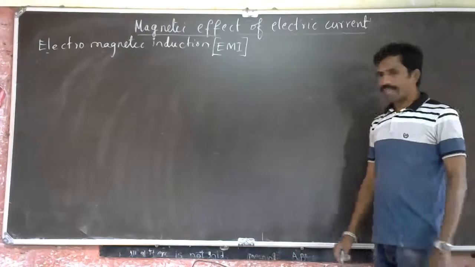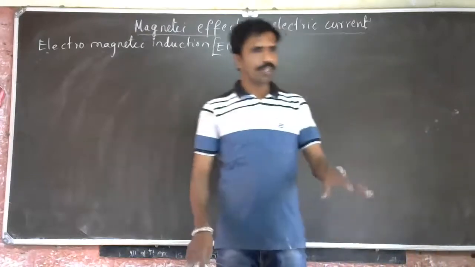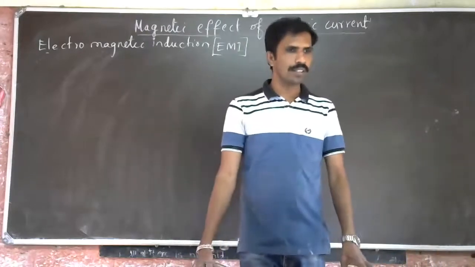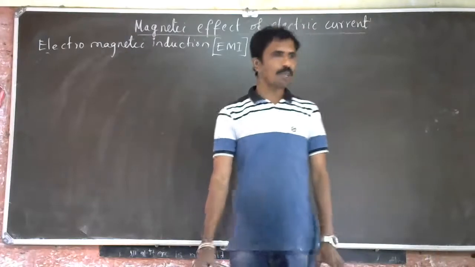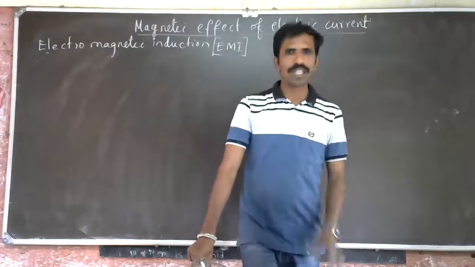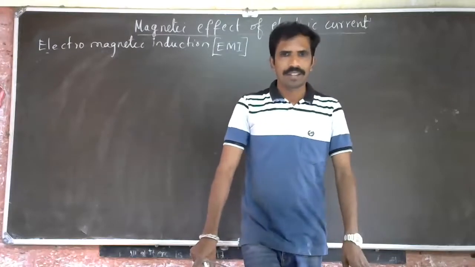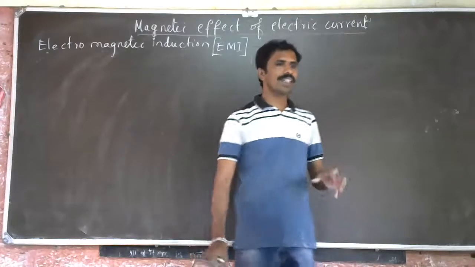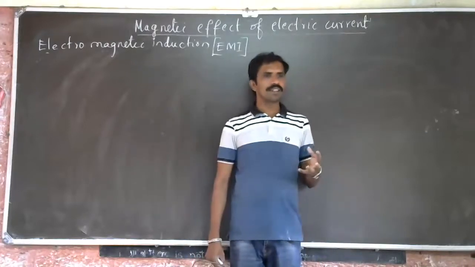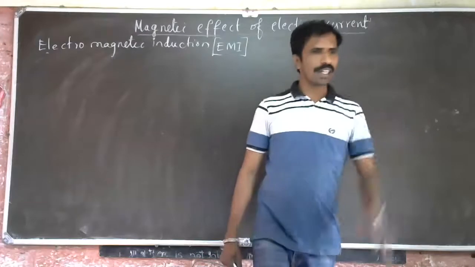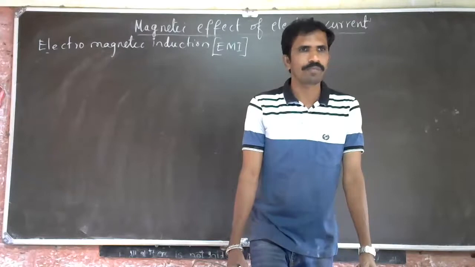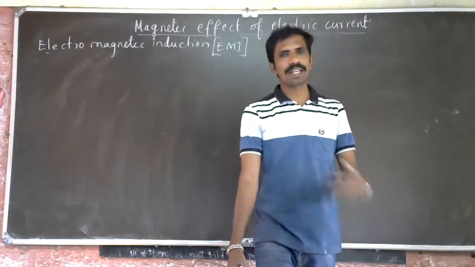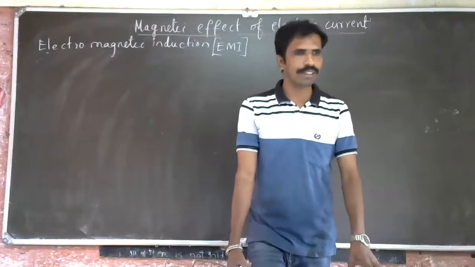So already you know that at the beginning of this chapter, we have learnt how magnetism is produced by electricity. Hans Christian Ørsted is a scientist who discovered that whenever a current is flowing in a conductor, it produces a magnetic field. That we have learnt already. We know how to produce a magnetic field by using electricity.